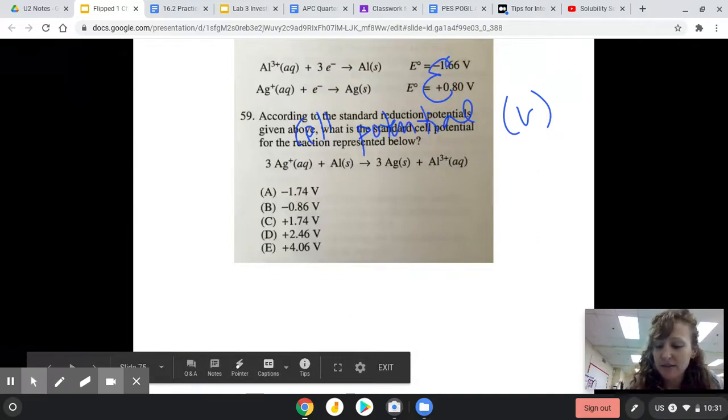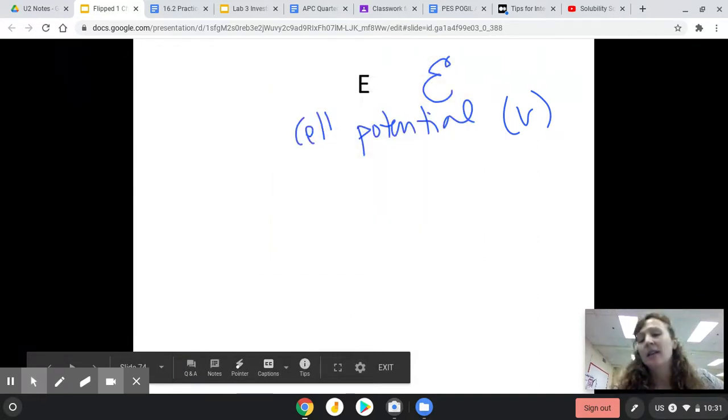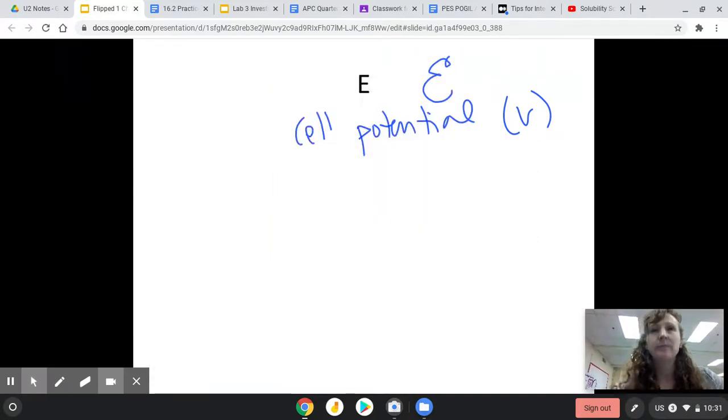Okay, before we do practice, let me explain the concept to you. So each reaction has the potential to give off electrons or take in electrons. Now, every time you have someone that loses electrons or is oxidized, you're also going to have someone who gains electrons, which is reduced.